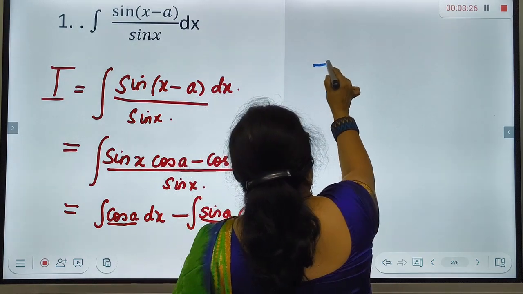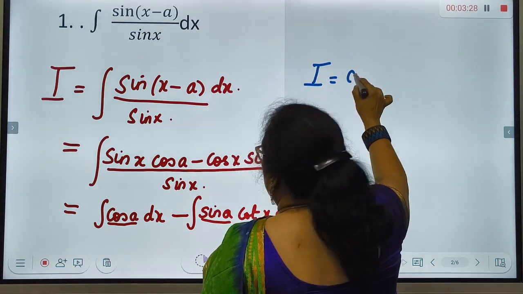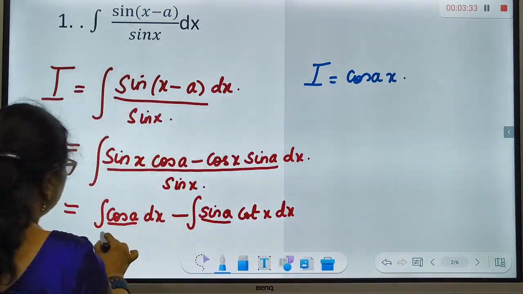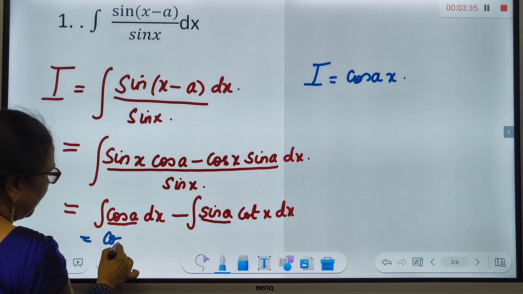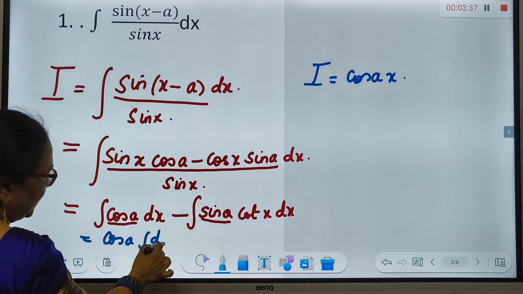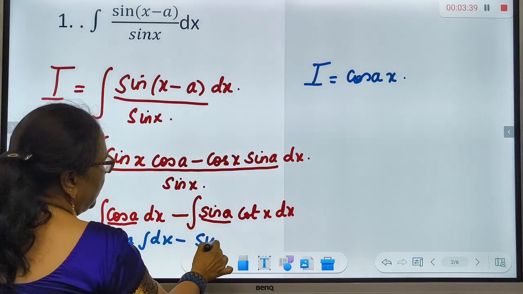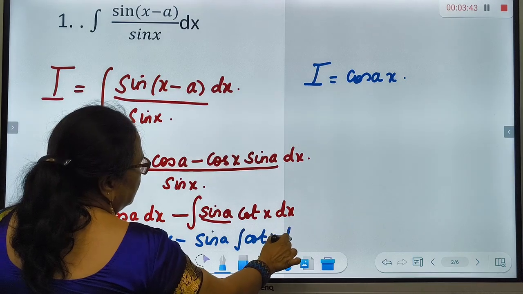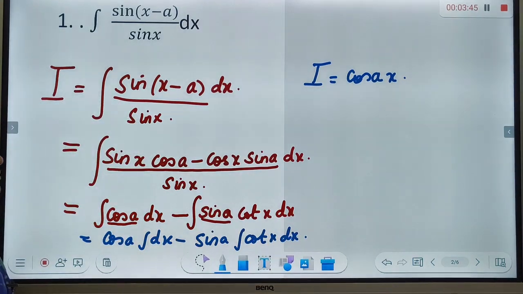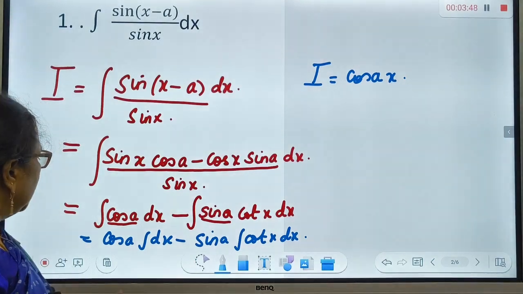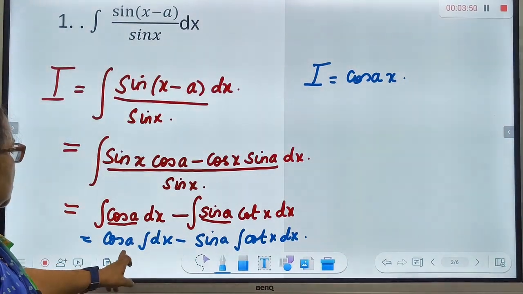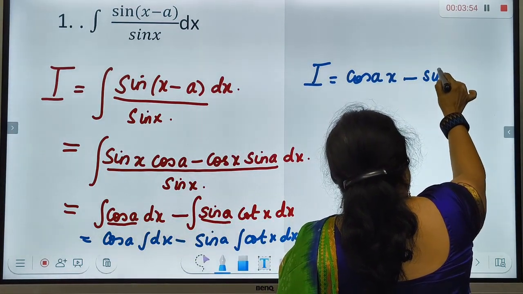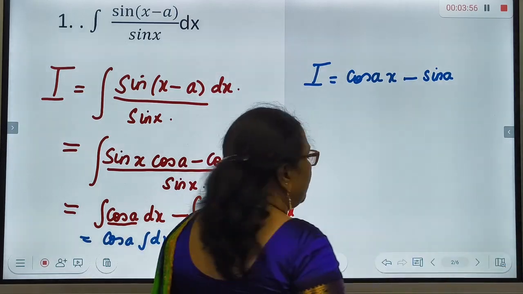So when I integrate, it becomes cos a into x, because I can rewrite this as cos a into integral of dx minus sin a into integral of cot x dx. So integral of dx is x, so cos a into x minus sin a into integral of cot x.